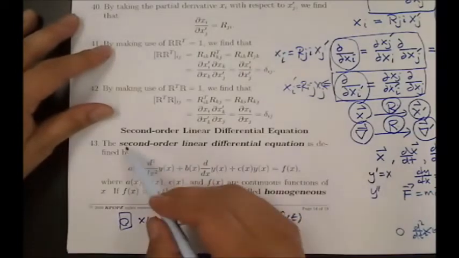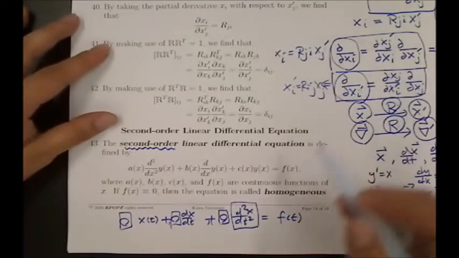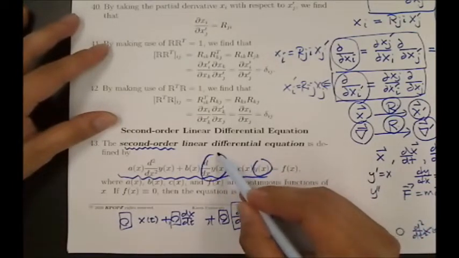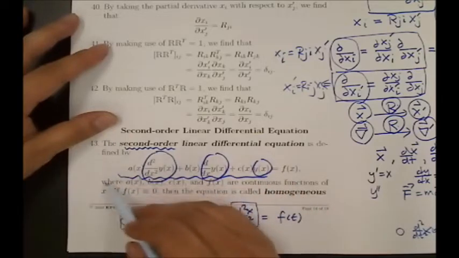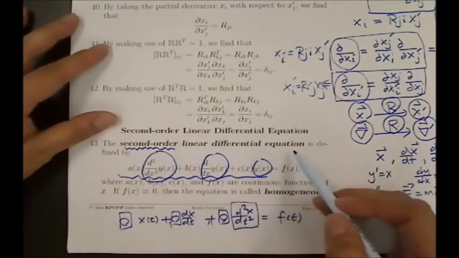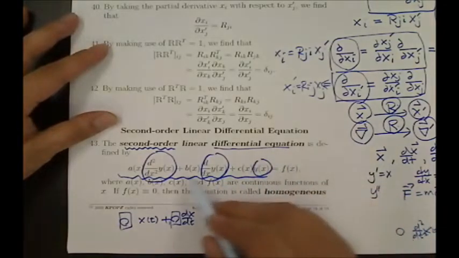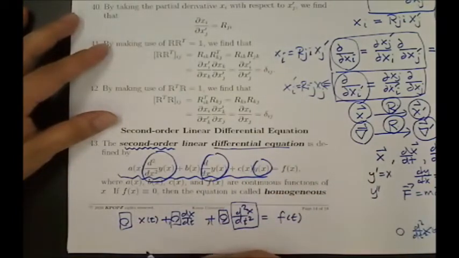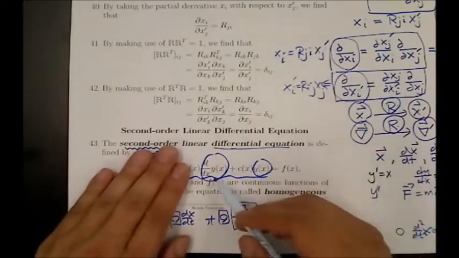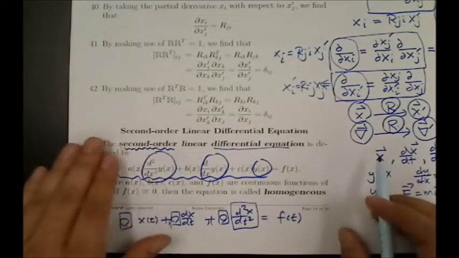A differential equation has some order. Here I write a second order equation. Second order means the left-hand side is composed of a function and its derivative and second order derivative, sometimes the third order derivative. The maximum order of derivative is the order of this differential equation. The reason why we say differential equation is that the equation contains a function and its derivatives. So if the maximum derivative is the first order derivative, then we say this is a first order equation, and this is a second order equation.